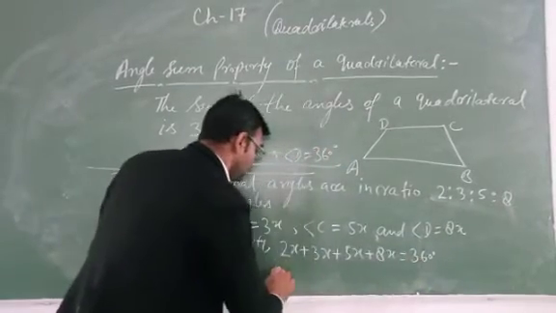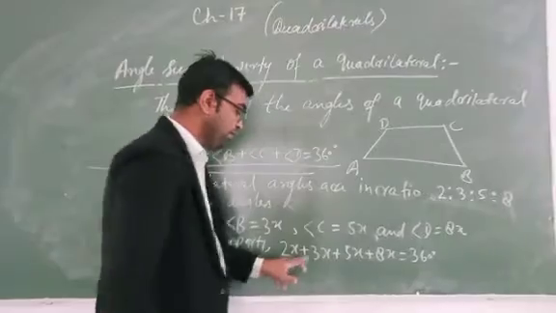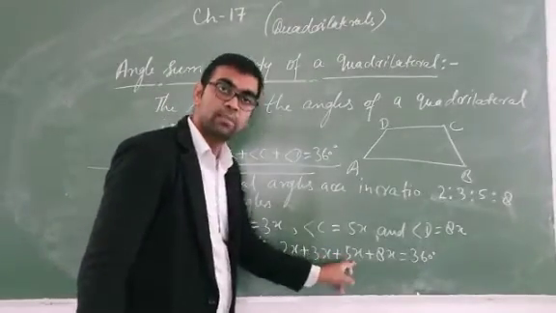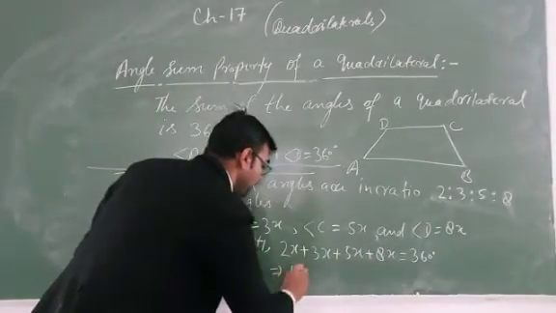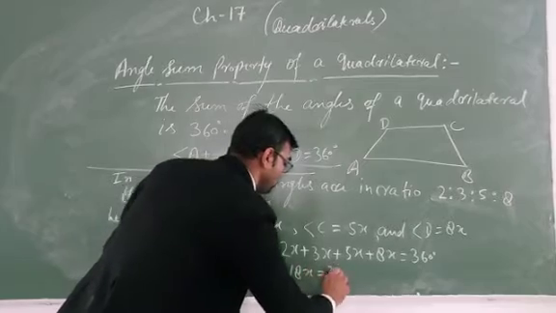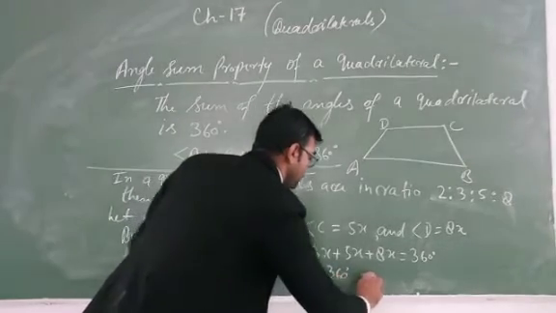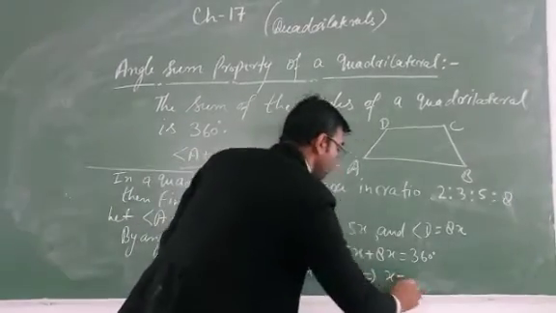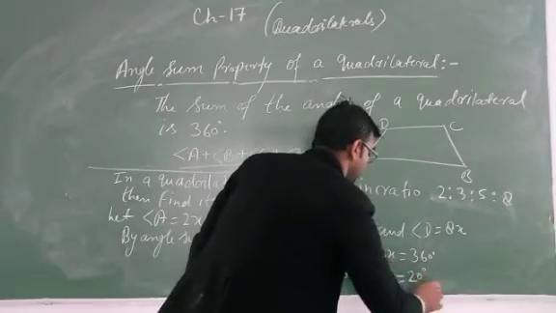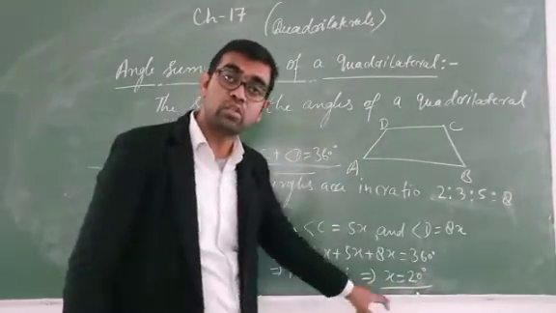Here 2x plus 3x is 5x, plus 5x is 10x, plus 8x, 18x is equal to 360. So this implies x is equal to 20 degrees. So the value of x is 20.